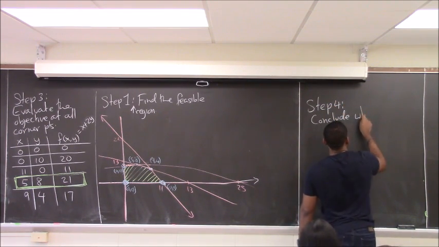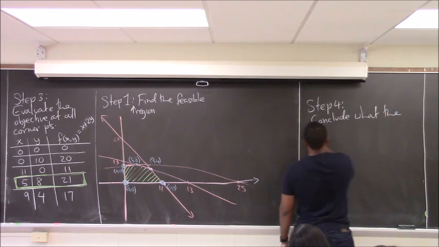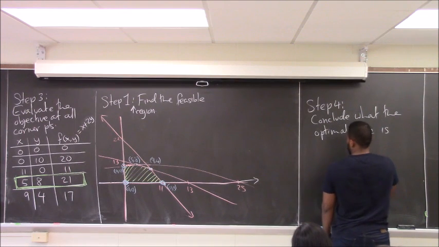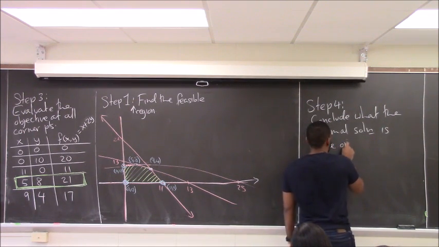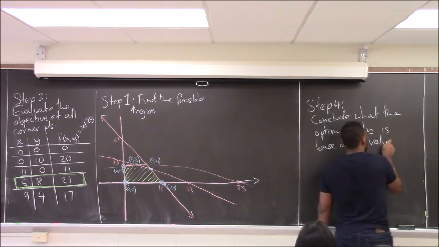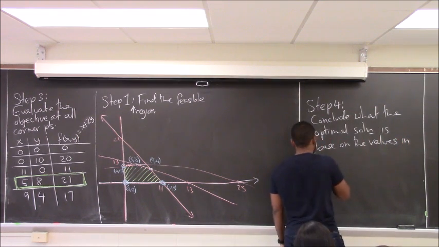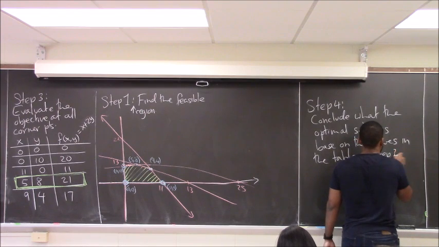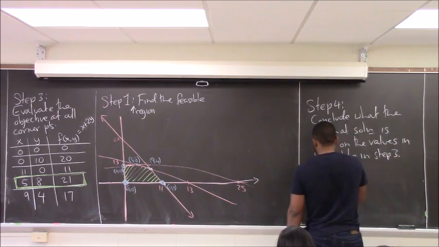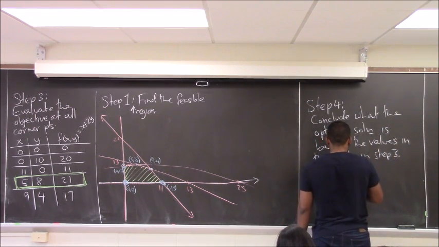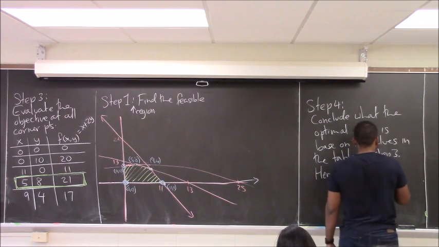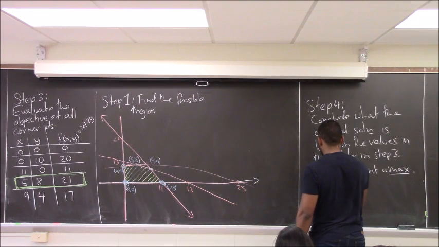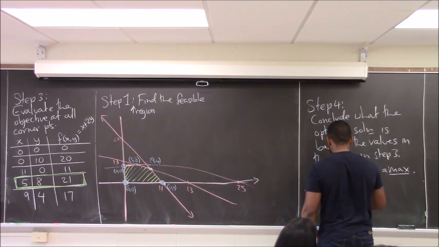Step 4: include what the optimal solution is, based on the values in the table. Here we want a maximum. This means the solution to our problem is the following.